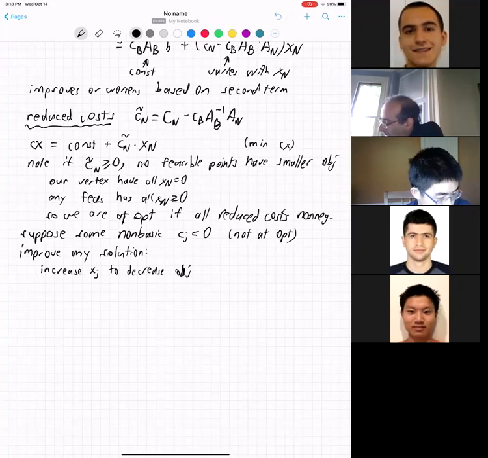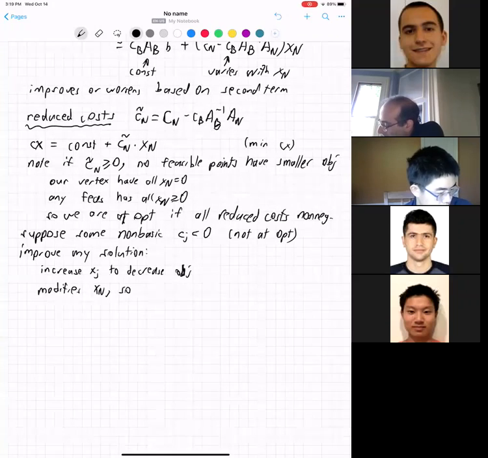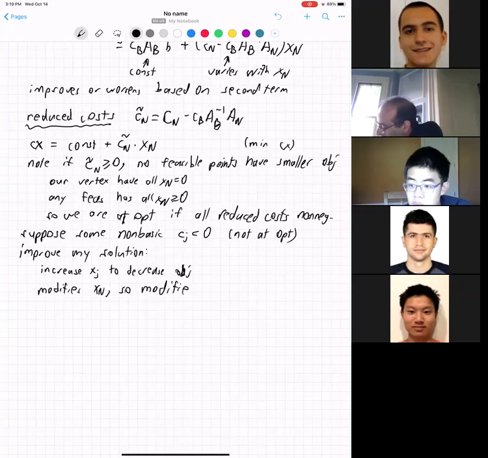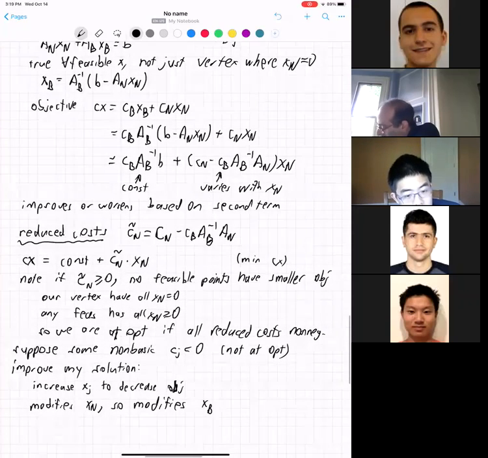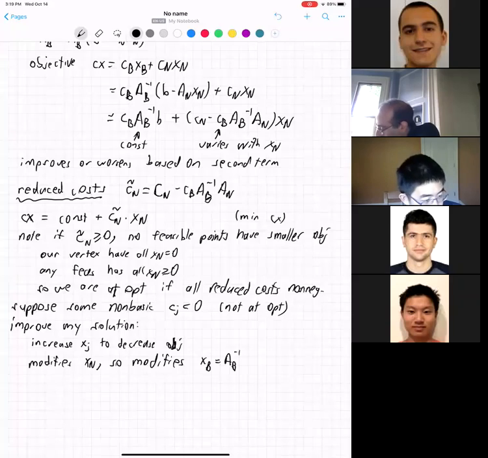Okay, I'm increasing xj until what happens? Well, sorry, actually, before I get to the until, note that this modifies xn, and that means that it modifies x sub b, right, because we wrote x sub b as a function of xn, as AB inverse times b minus AN xn.